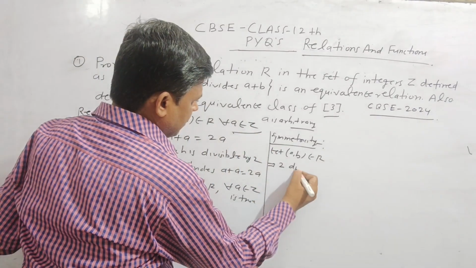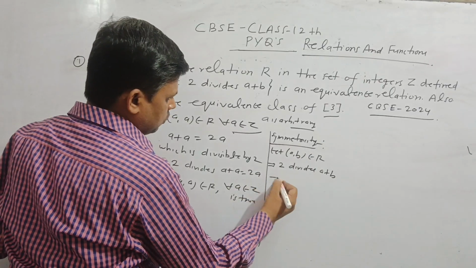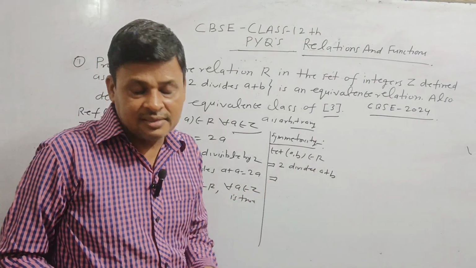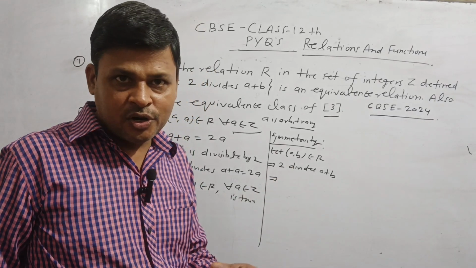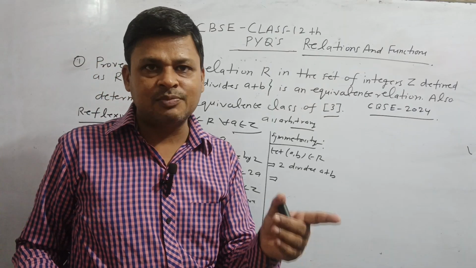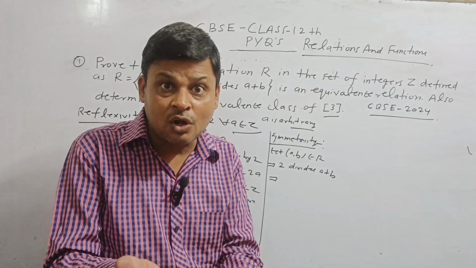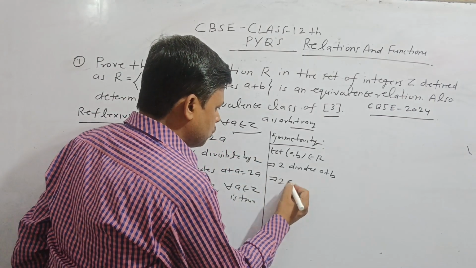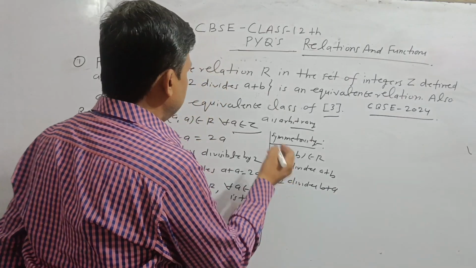Because the commutative law holds in the case of integers, you can write a plus b as b plus a, and if 2 divides a plus b, then definitely 2 divides b plus a also.